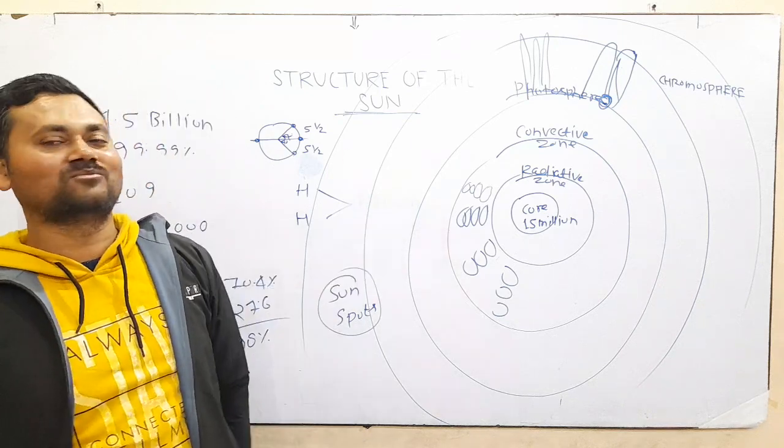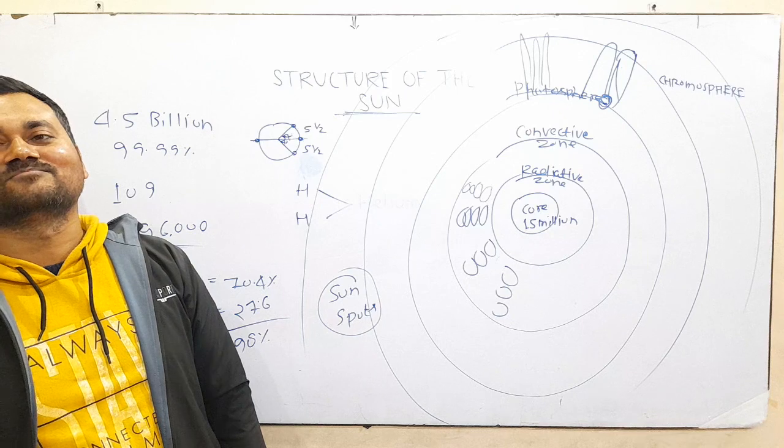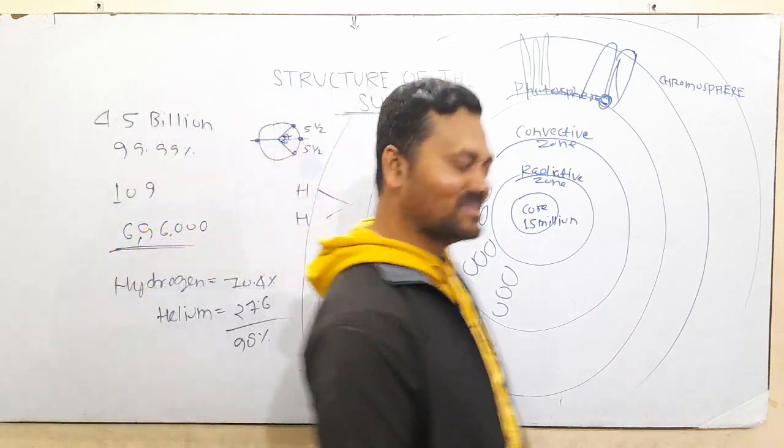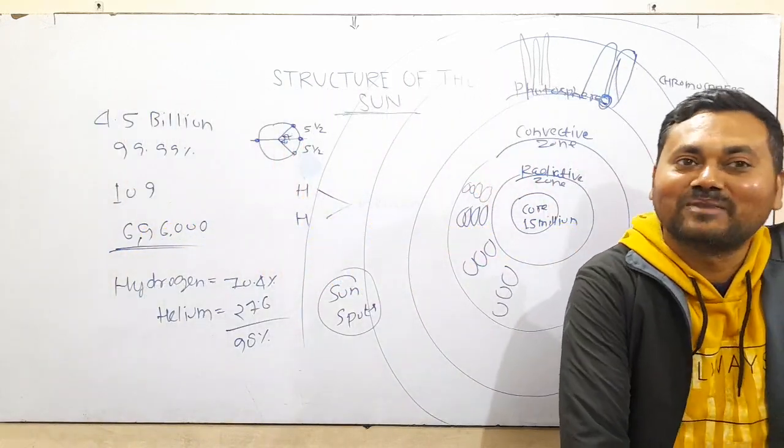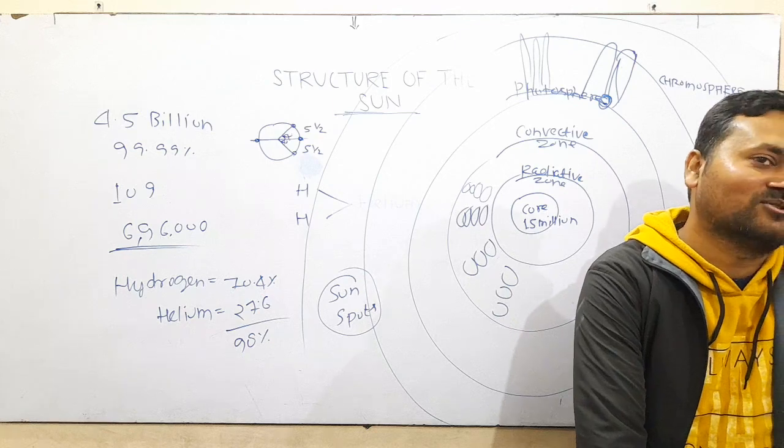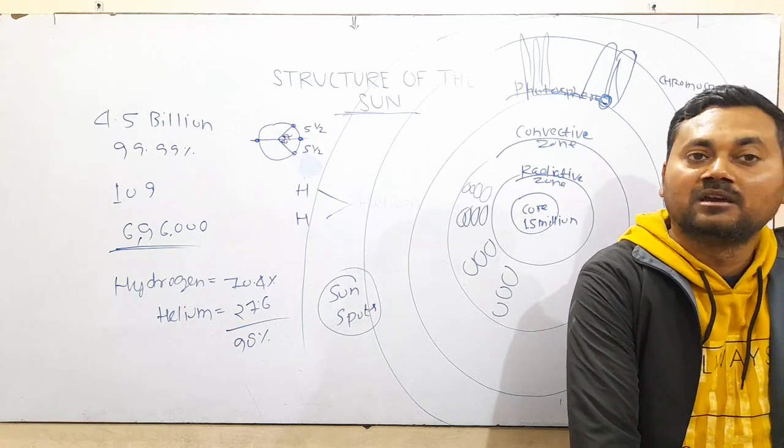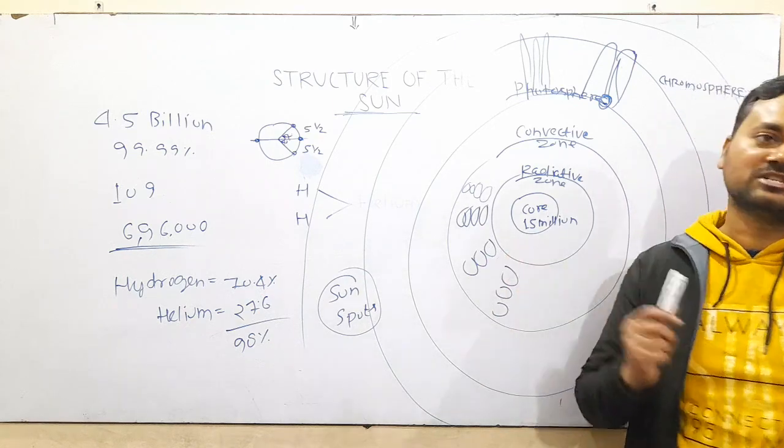Or tell me the maximum one. Corona, maximum. Why corona maximum? Despite the fact corona is the farthest away layer of the sun.